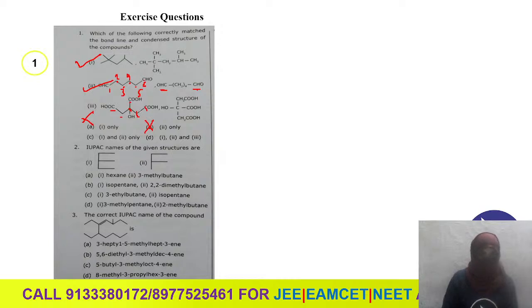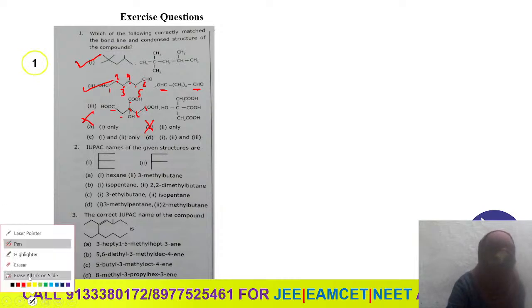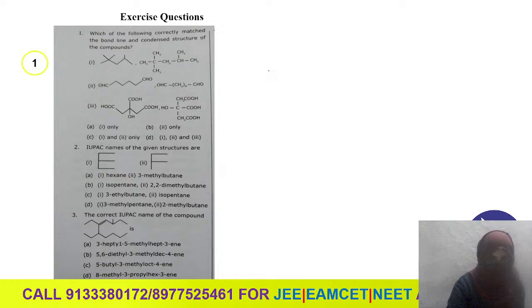This looks something complicated. I better draw it separately. So please remember that whenever carboxylic acid comes, it should be in the longest parent chain. These 3 carboxylic acids should be in the longest parent chain. 1, 2, 3, 4, 5, 6.